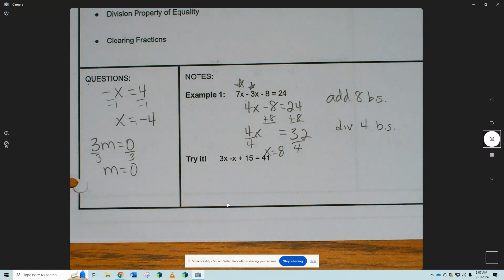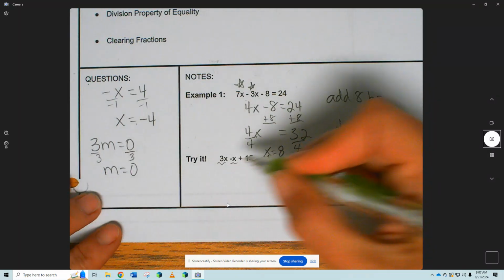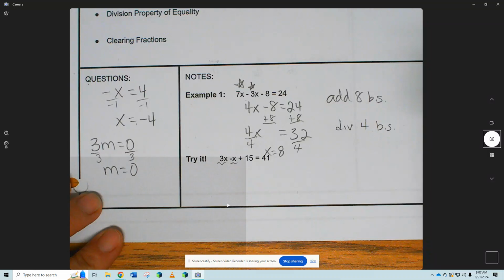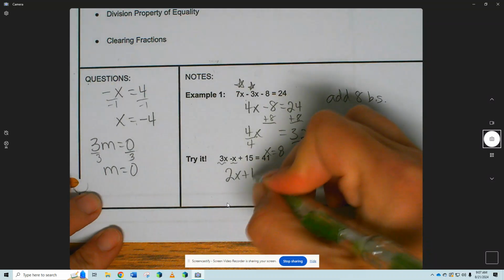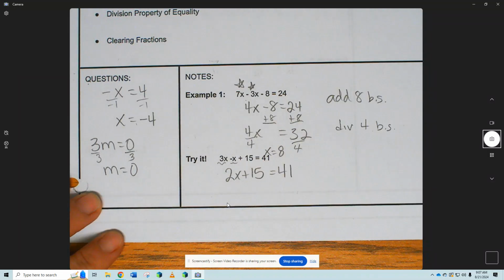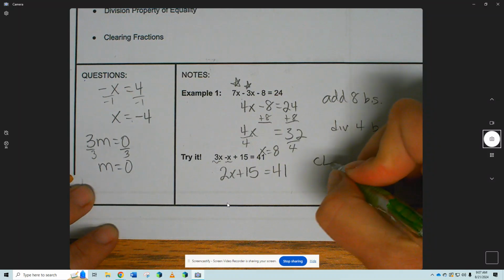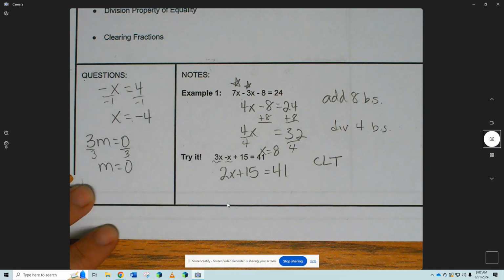What's the first thing that you guys did? Subtract 3x minus x. Good. 2x. I write the plus 15. I write the equal sign. I write the 41. Everything stays as is, but I just combined like terms. CLT, combine like terms. Now what?